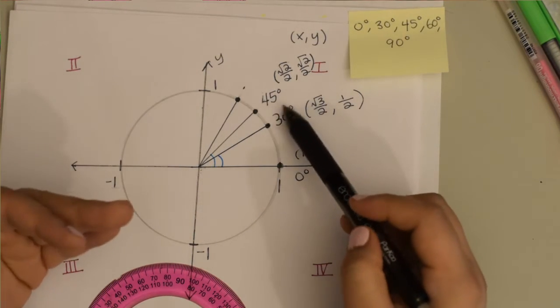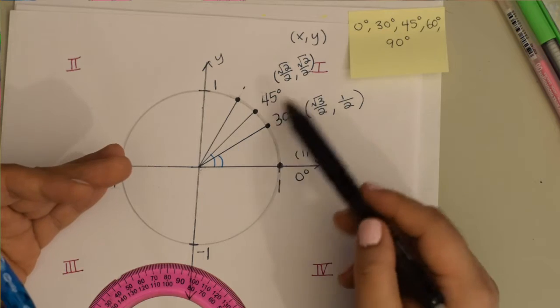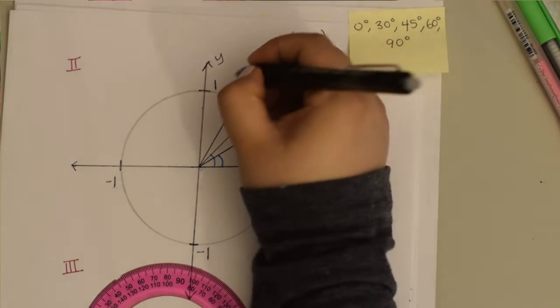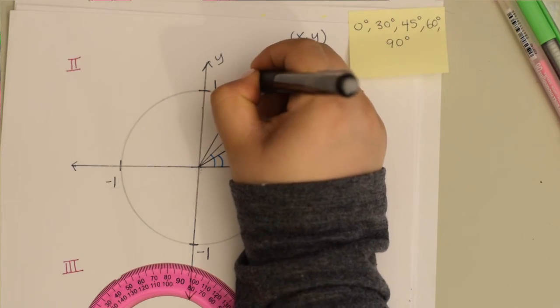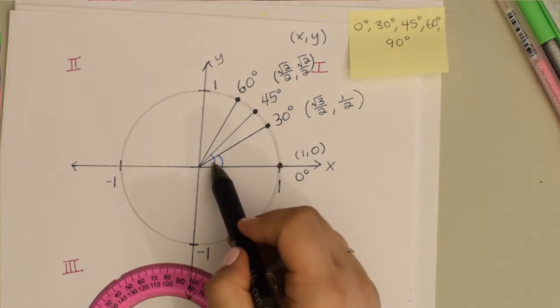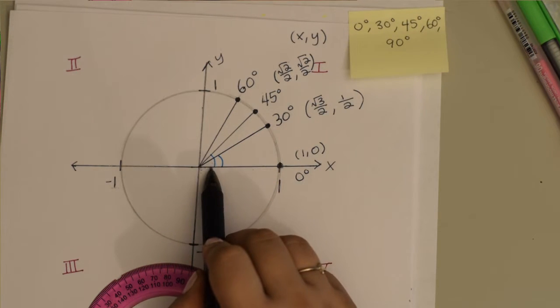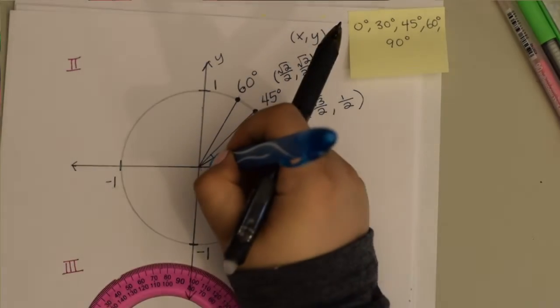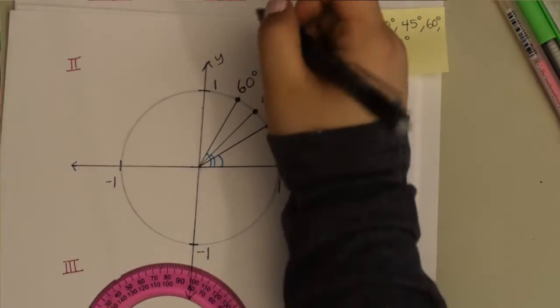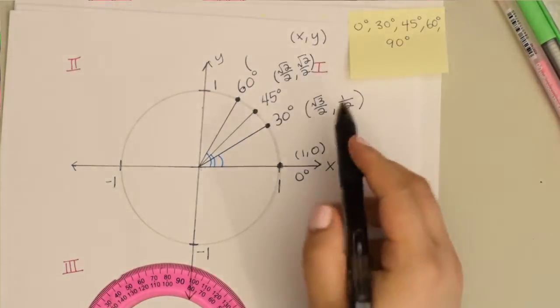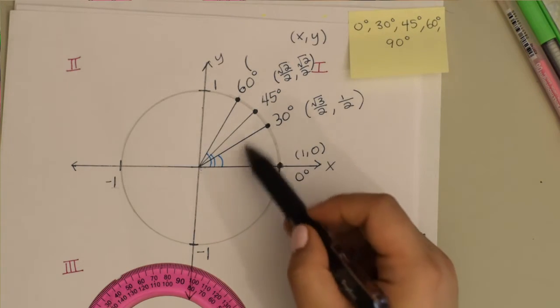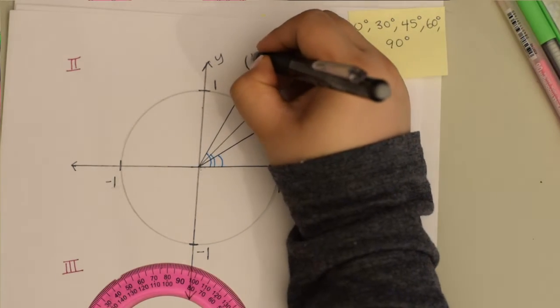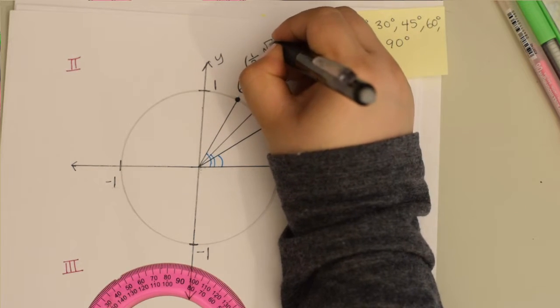I've just memorized them, and then we will go into the derivation of where they come from. Okay, and then this is 60 degrees. So from the 0 part to that is 60 degrees, and for 60 degrees the coordinates are just flipped from 30 degrees. So it's a half, comma, root 3 over 2.